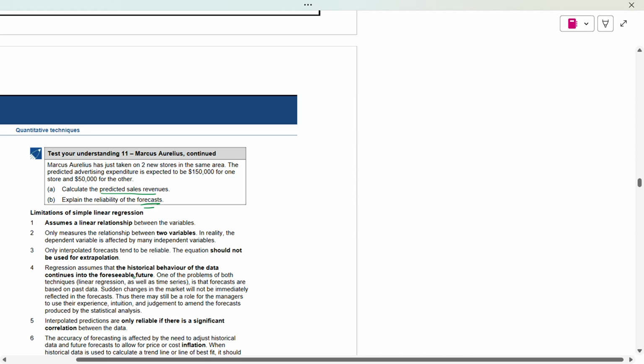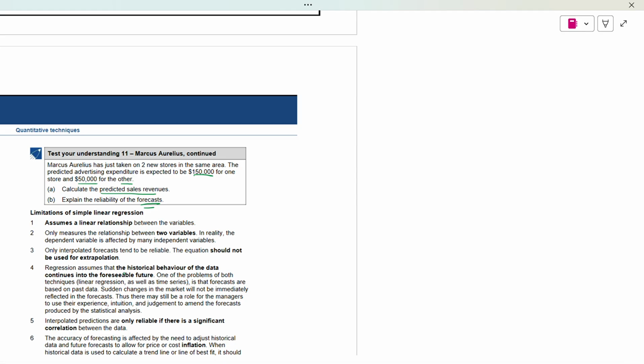Marcus Aurelius has taken two new stores in the same area. The advertising expenditure is expected to be 150 for one store and 550,000 for the other. What is the fixed cost? 150.